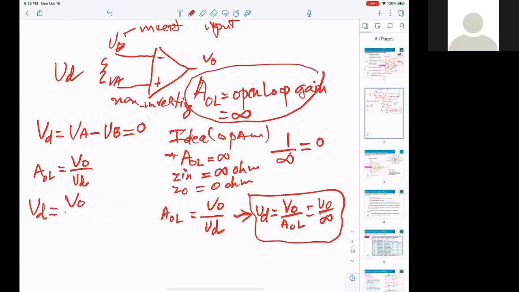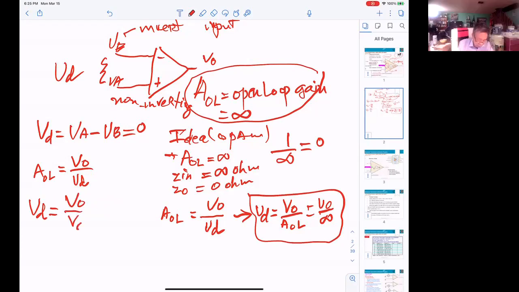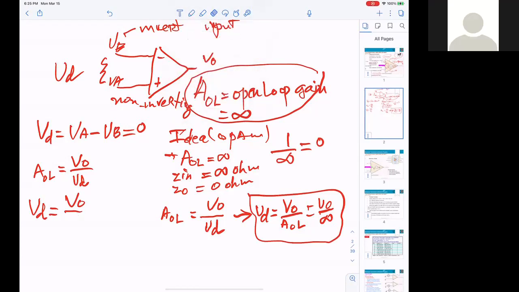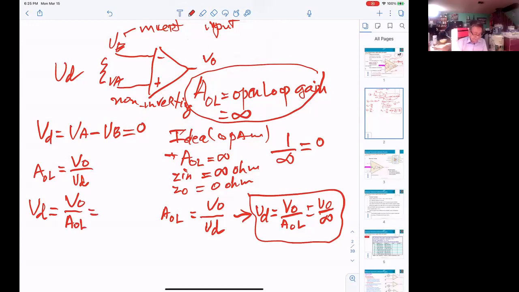I get this one correction there. V out divided by AOL. Is this correct or not? Yes, it is equal to 0.